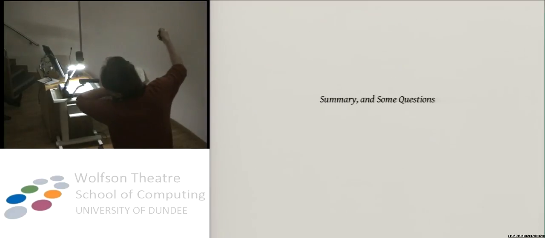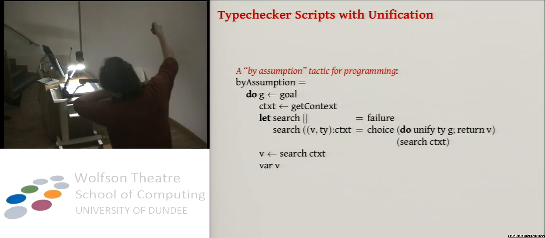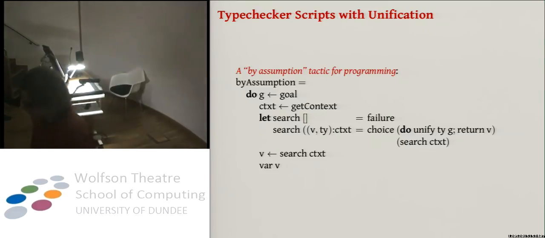So now we can write programs which not only can look at the goal, they can also look at the context, and they can backtrack and make choices about how to actually construct the program just from looking at the types. So we can say "by assumption": we get to the end of a long program and we think, well, of course you had to fill this in, I've already done it somewhere in the context.